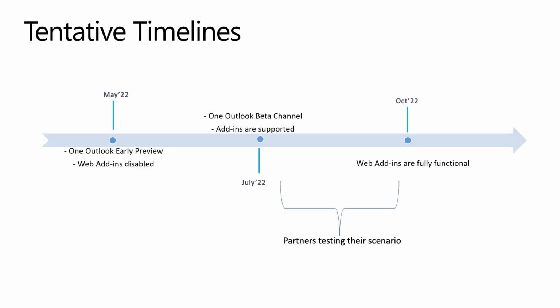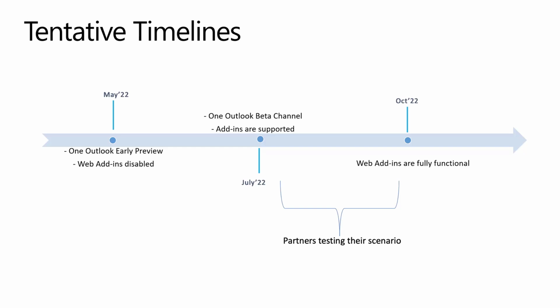Looking at the timelines for how we are going to go through this, we are here right now where One Outlook is in early preview and web add-ins are disabled. By July 2022, we expect One Outlook to reach the beta channel, where add-ins will be supported with most of the core functionalities available. We want to take the time between July and October to do full and thorough testing for all the partners, where they can test out their scenarios with the existing add-ins.